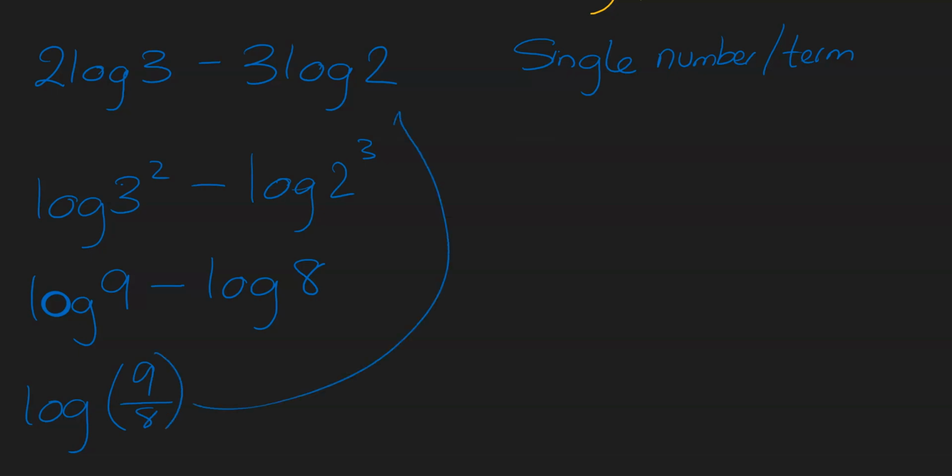And we have written this as a single term, or number. Remember, this is just a number. If you put log 9 over 8 on your calculator, it will become a number. Just remember, in your calculator, make sure you put brackets around the 9 over 8.